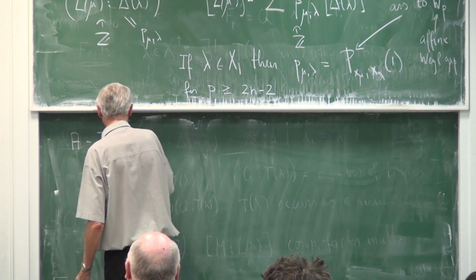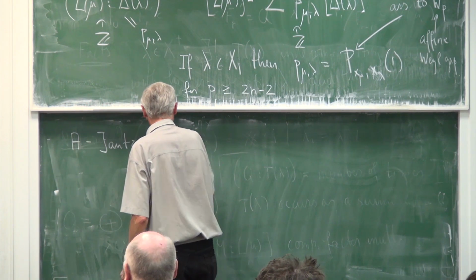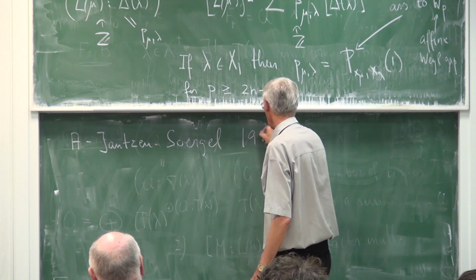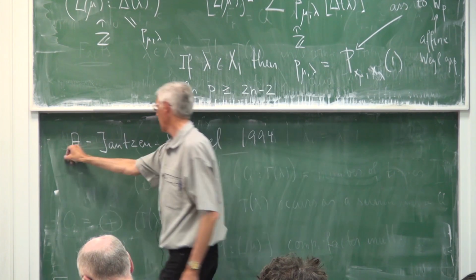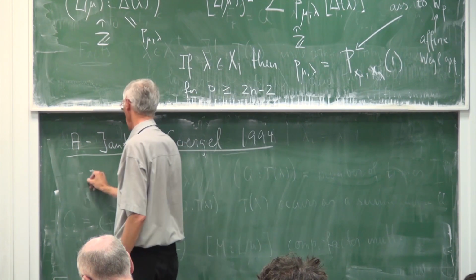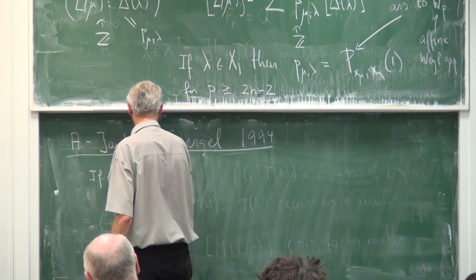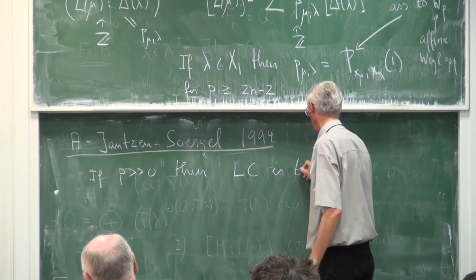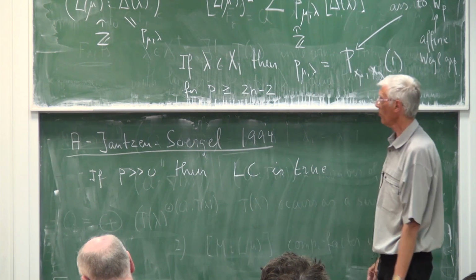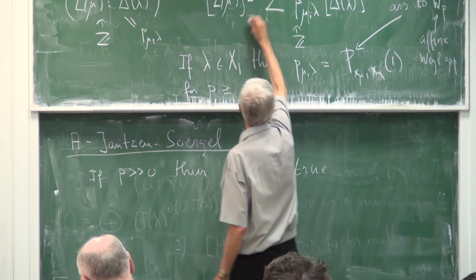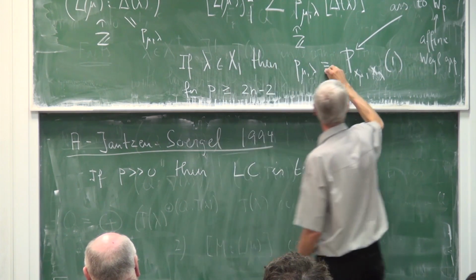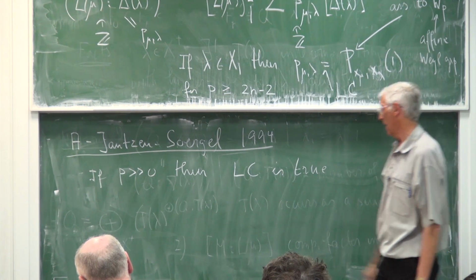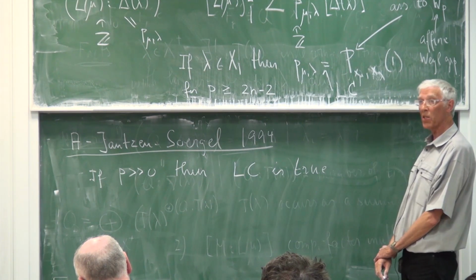Together with Janssen and Kirillov, back in 1994, we proved that if p is very large, then the Lusztig conjecture is true. So this conjecture here I call the Lusztig conjecture, LC. And LC is true when p is very large.